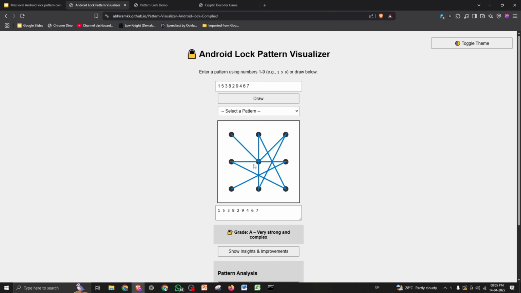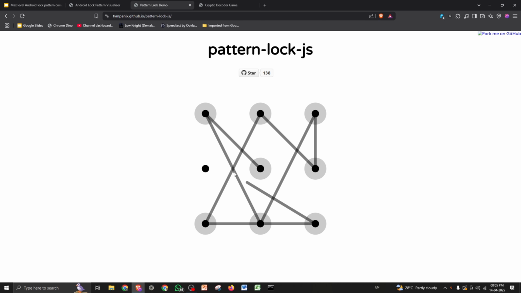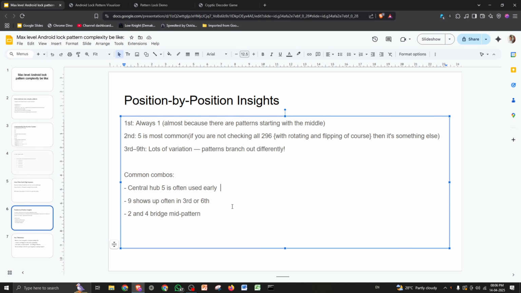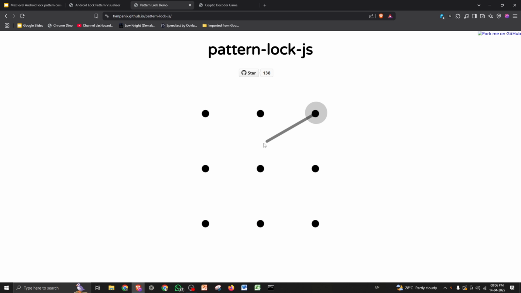The reason why we put 5 so early is because after literally the first move we can go anywhere. Imagine starting here. This is not one of those patterns. So 2 and 4 bridge with pattern. This thing is called a bridge and this thing is also a bridge, but this is most common.